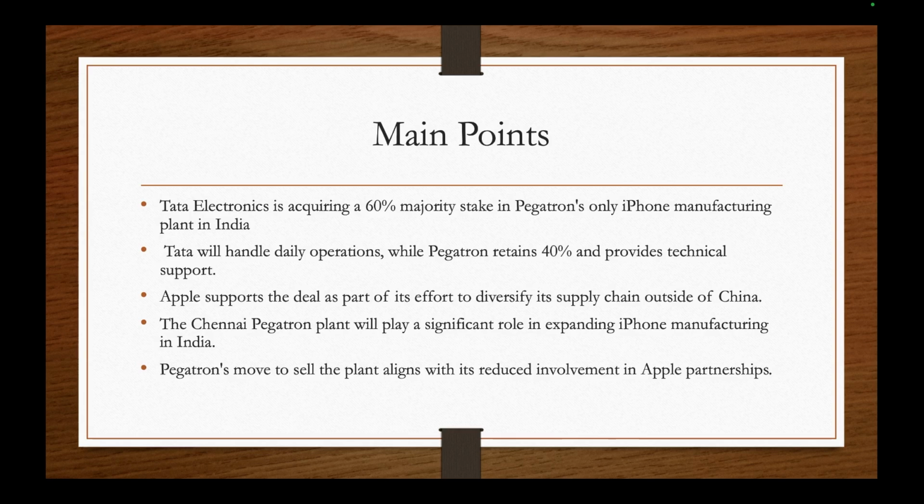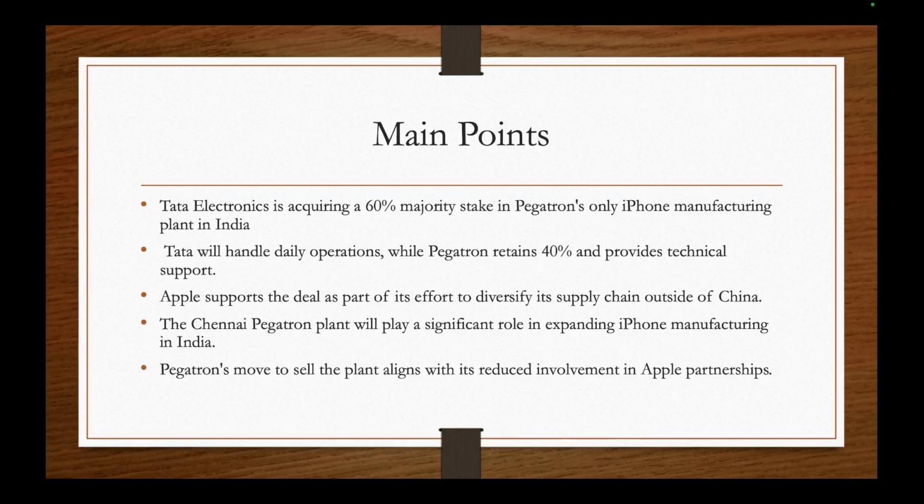Tata will handle daily operations while Pegatron retains 40% and provides technical support. Apple supports the deal as part of its effort to diversify its supply chain outside of China. The Chennai Pegatron plant will play a significant role in expanding iPhone manufacturing in India. And Pegatron's move to sell the plant aligns with its reduced involvement in Apple partnerships.